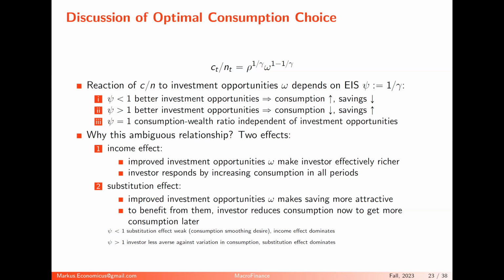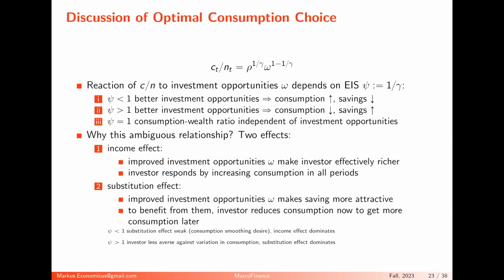So if psi is smaller than 1 or gamma is larger than 1, so you're more risk averse or you want to smooth more over time, then the income effect dominates. If psi is closer to linear, so it means larger than 1, the intertemporal elasticity of substitution is larger than 1, so a less curved utility function, then the substitution effect dominates.